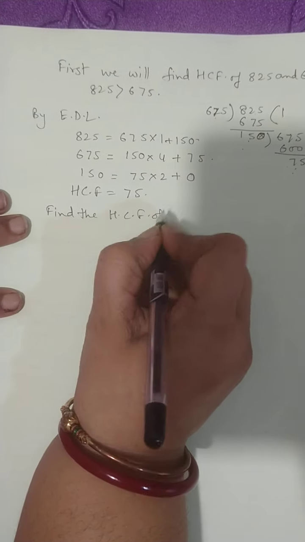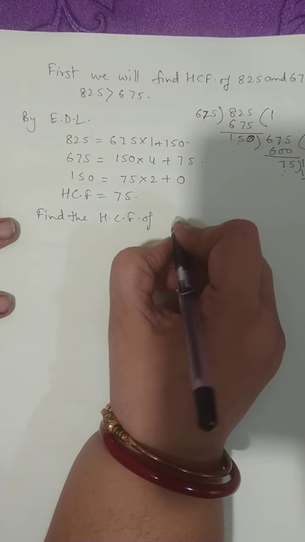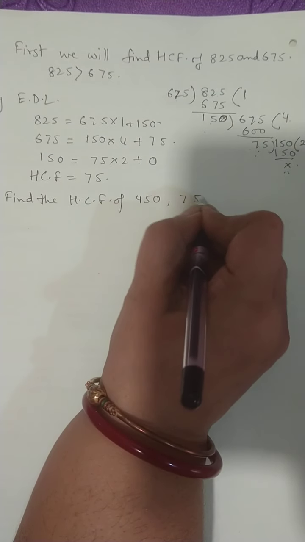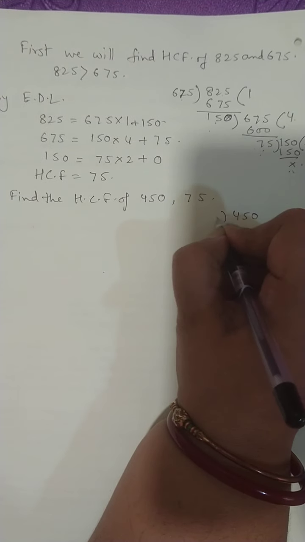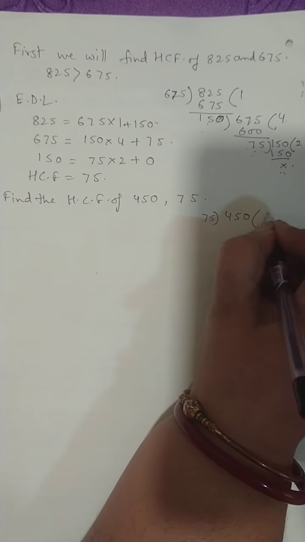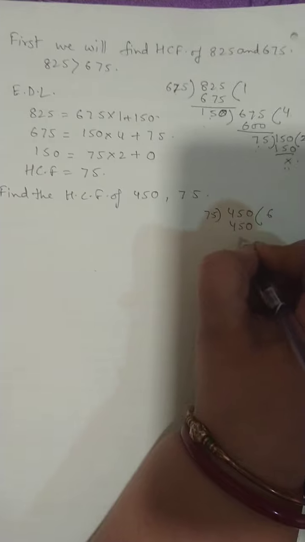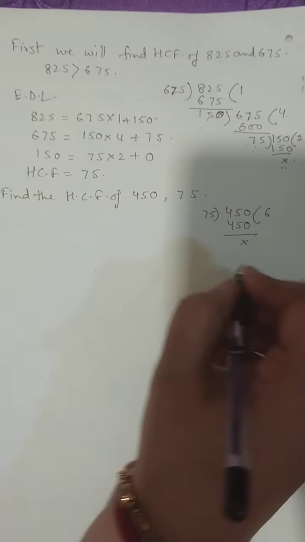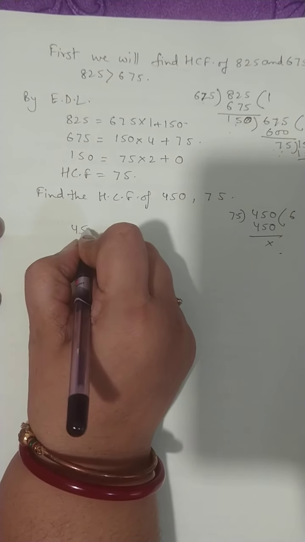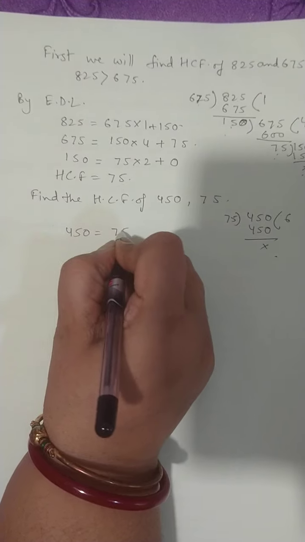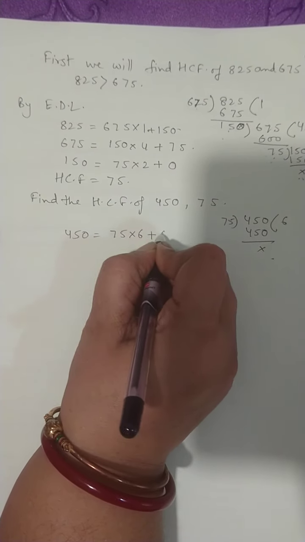Now find the HCF of the third number, that is 450 and 75. Divide 450 by 75, we get 6 times and the remainder is 0. So by Euclid's division lemma again, 450 equals 75 into 6 plus 0.